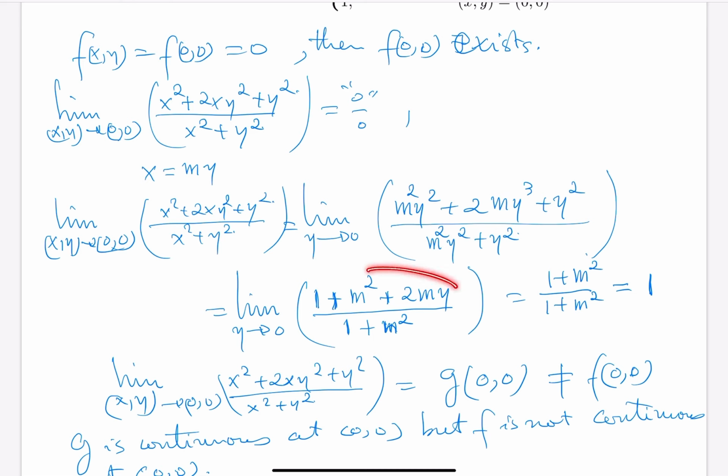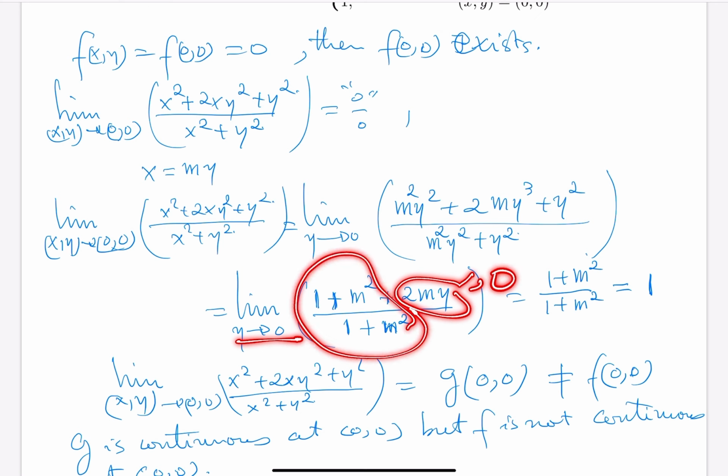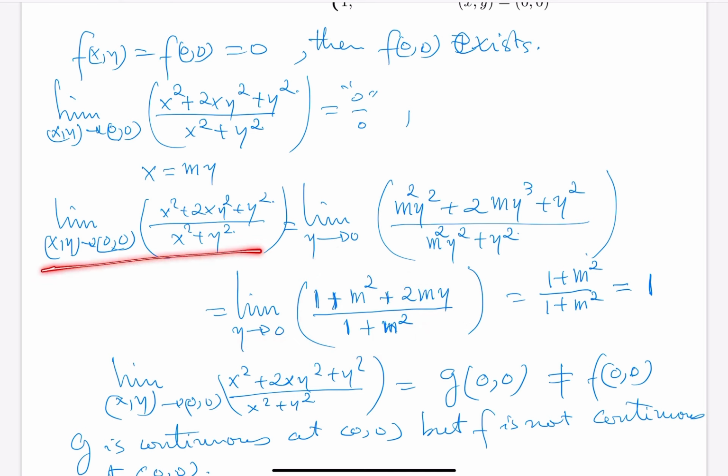So we end up having this one. We only have y on this side, and y approaching 0 of this one equals 0. And this one, (1 plus m squared) divided by (1 plus m squared), equals 1. Then we can tell the limit for this one equals 1.